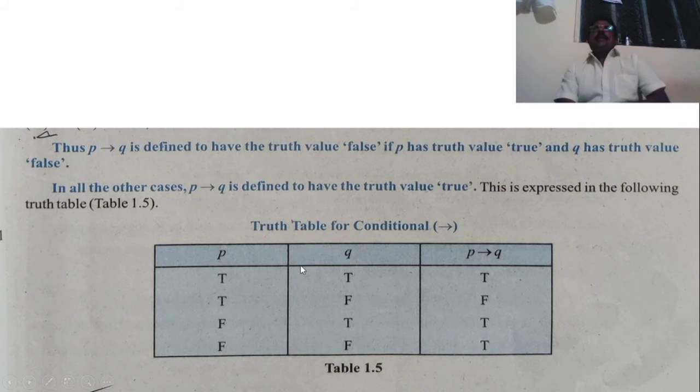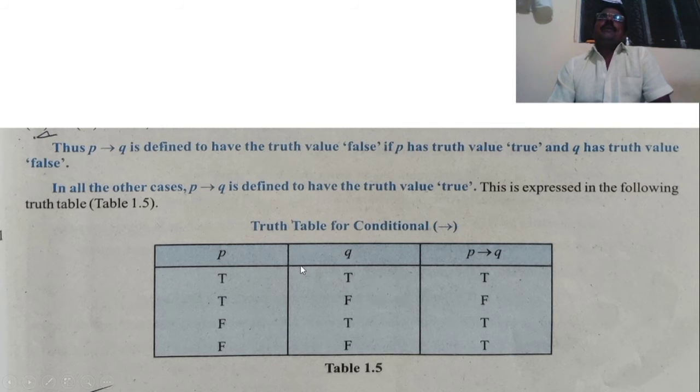Thus, P → Q is defined to have the truth value false if P has truth value true and Q has truth value false.